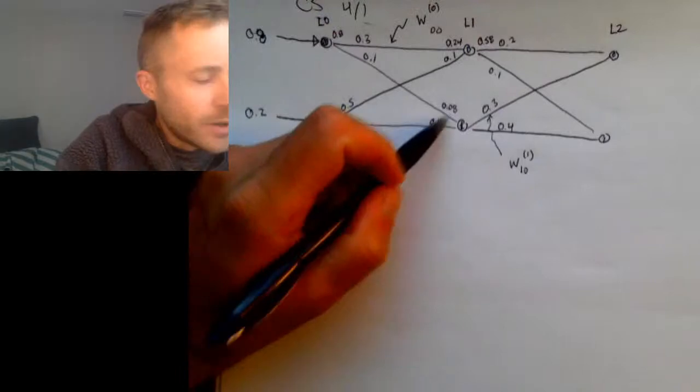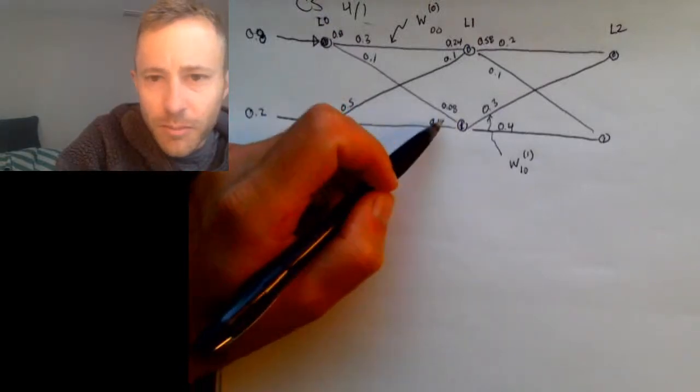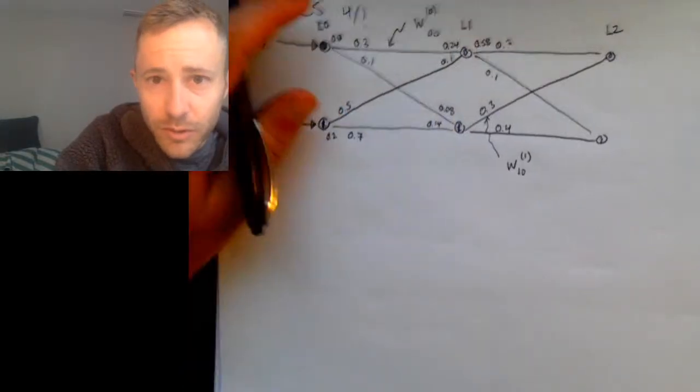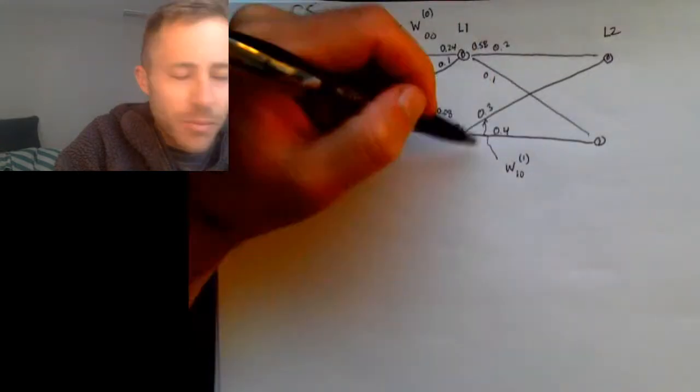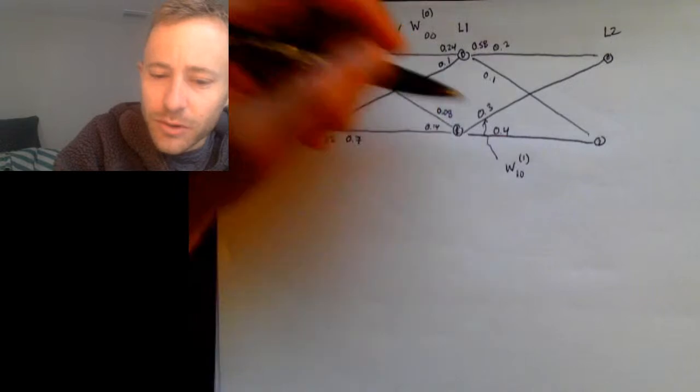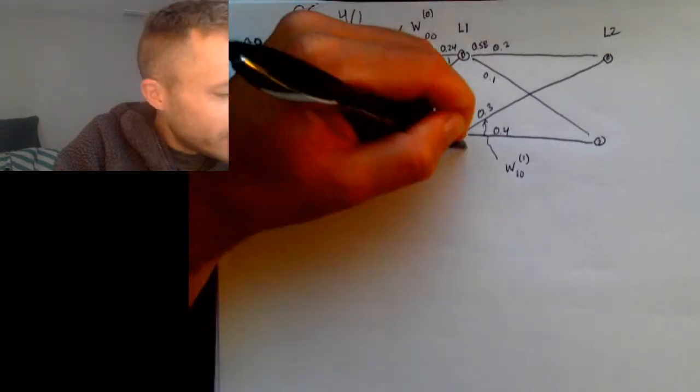And so this neuron has a total input of 0.22 because we add these two numbers. And if you apply the sigmoid function to that, you get an output of 0.55.